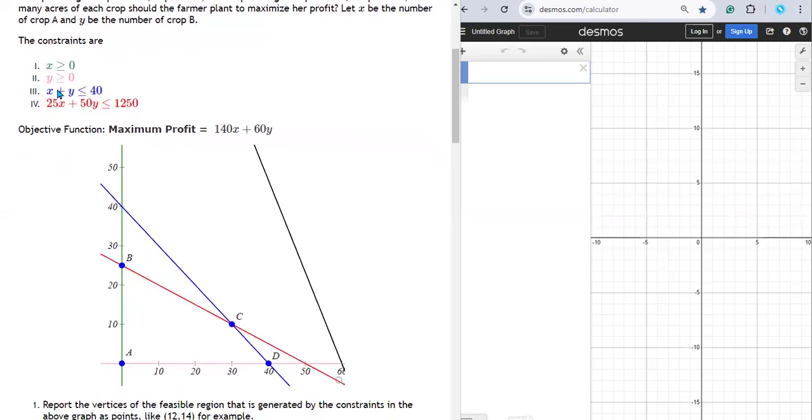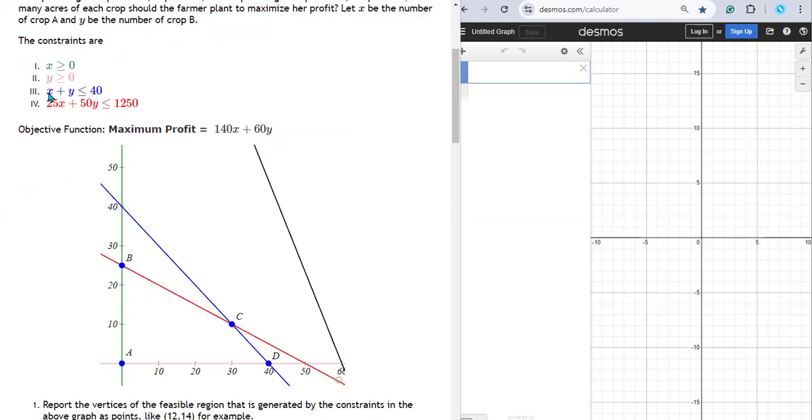Now notice if X is 0, then this says Y can be as much as 40. So this right here is X equals 0. Y can be anything between 0 and 40.